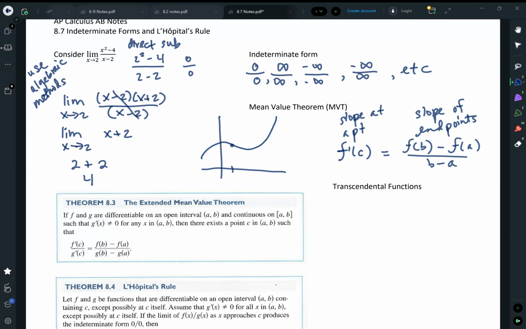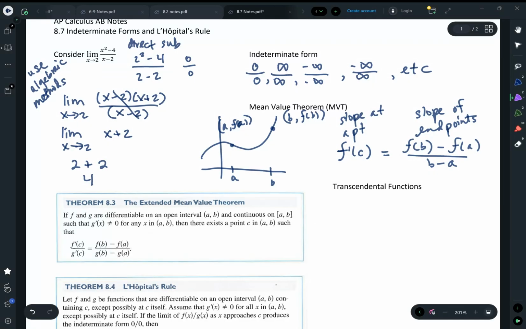So if I was going to set up some kind of a function over here, this is going to be my A, this is going to be B, so this point would be A comma f of A, this point would be B comma f of B, and the slope of the endpoints would be, if I draw a line through here, remember slope is rise over run, it's how that line is angled.